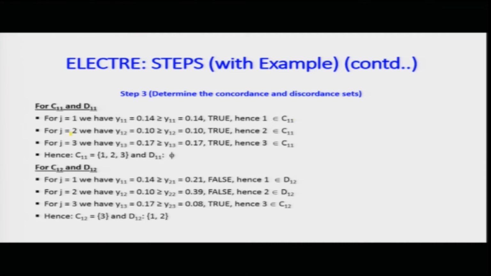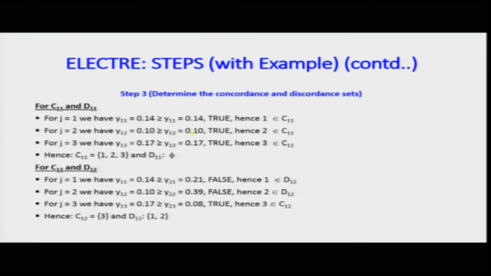Now consider j equal to 2, y12, which is 0.10. I am only considering C11, which is the comparison of itself. 0.10 is obviously greater than or equal to 0.10, which is true. So the second, when comparing second to second, falls in C11 concordance.